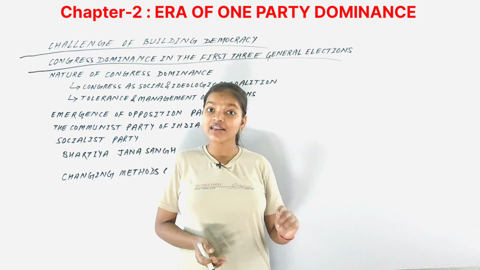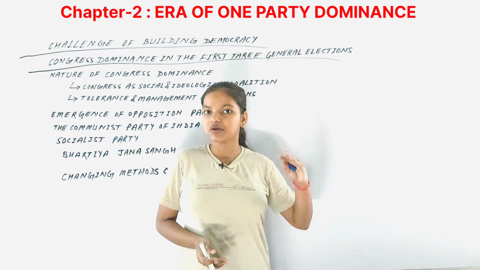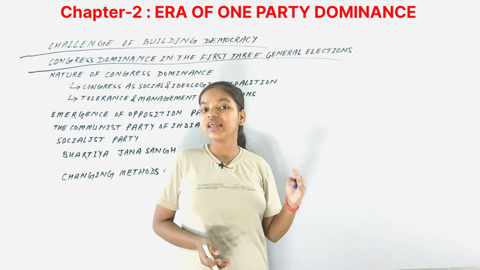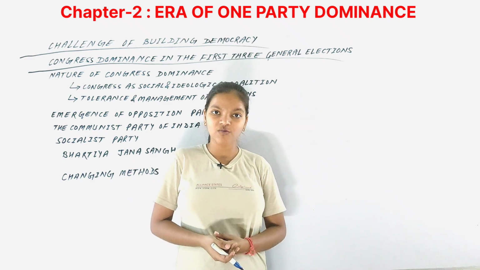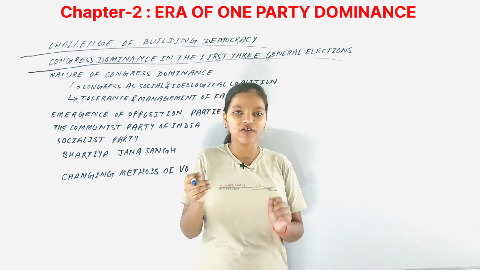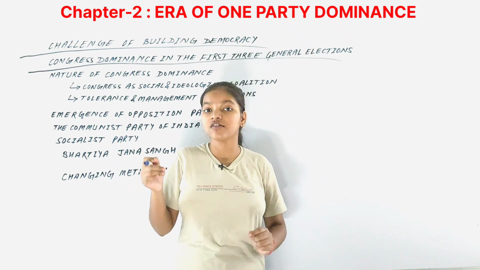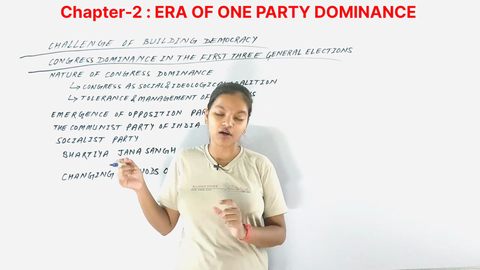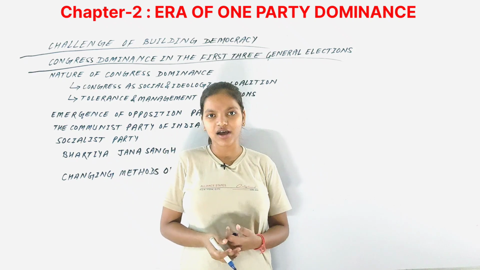So there was a vast difference between the Congress party and the second party, the Communist Party of the country. The extent of the victory of the Indian National Congress was large, and there were many reasons behind it.